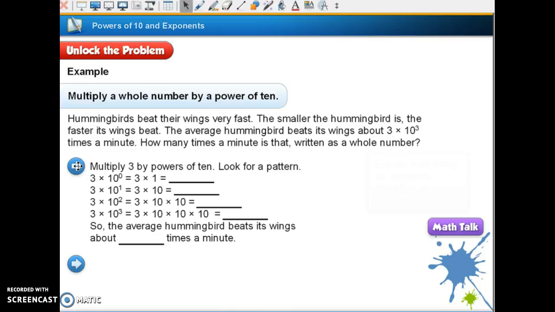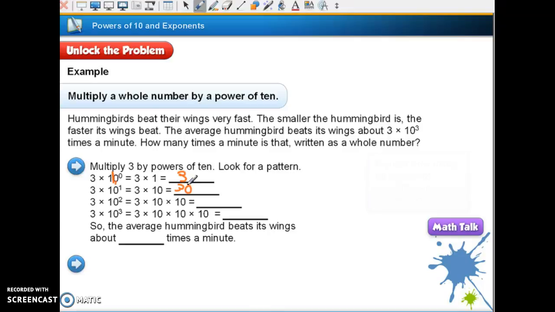Multiply 3 by powers of 10. Look for a pattern. So notice that when they have the 0 power of 10, that is like a 1. So 3 times 1 is 3. Now, 3 times the 1st power of 10, we have 1 ten. So 3 times 10 is? 3 times the 2nd power of 10.